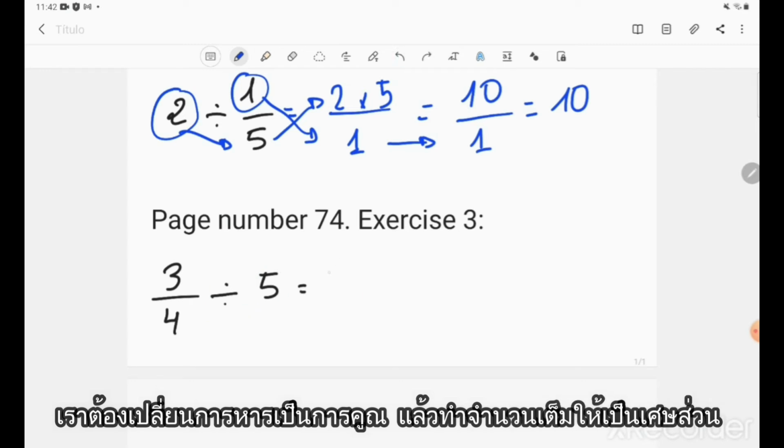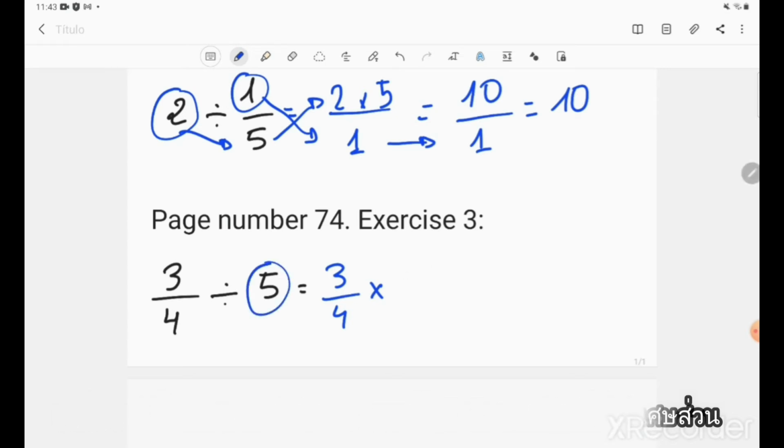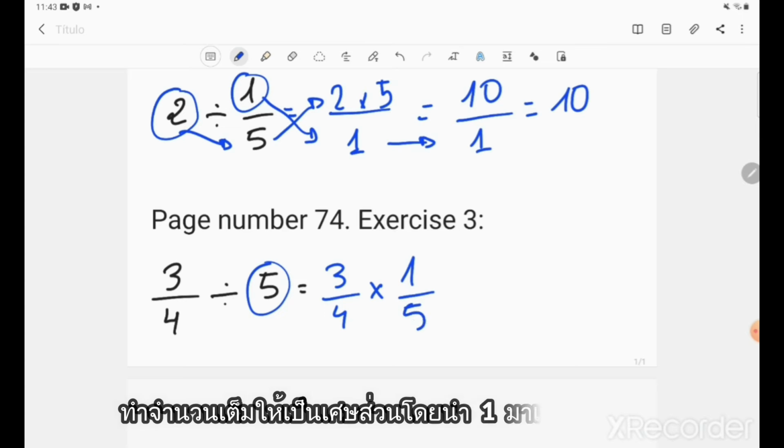So the operation would be like this: 3/4 multiplied by the reciprocal fraction of 5, which is 1/5, because the reciprocal fraction of a whole number is always this whole number as denominator and number 1 as numerator.